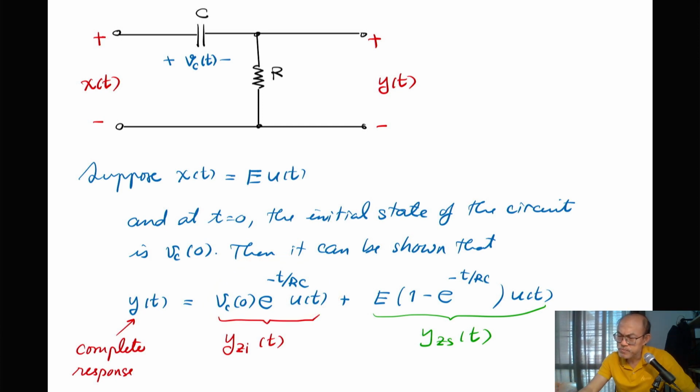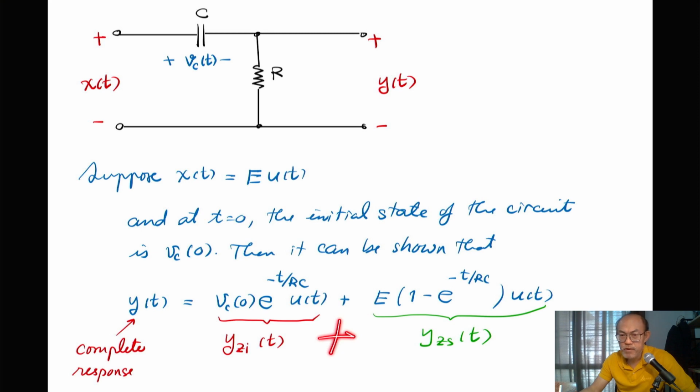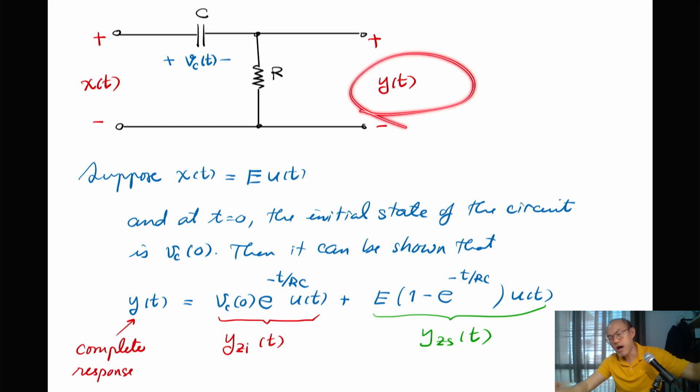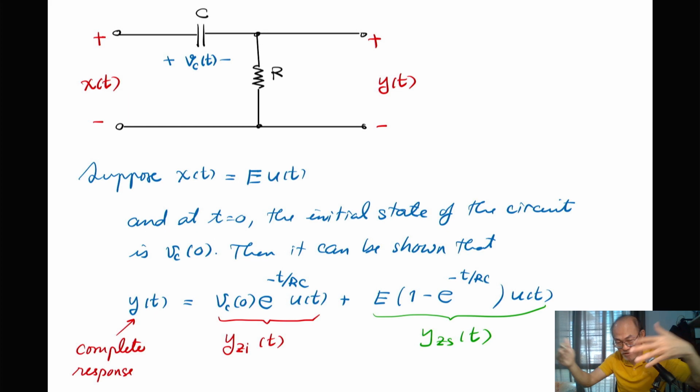Then you assume that the zero state here is zero, and you apply the input at time zero. You measure the output. That output will be your zero state response. Once you have both of them, you add them. The result from that addition will be your complete response, your output voltage. Either one of these is not the true response. You have to add them to get the true response, the complete response. All right.